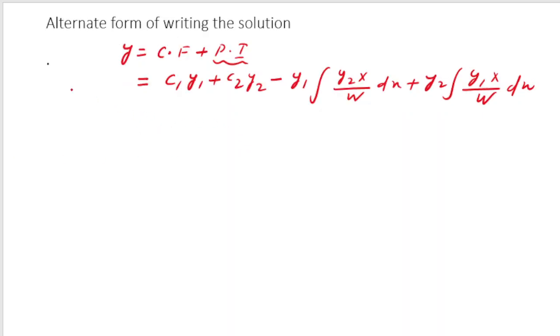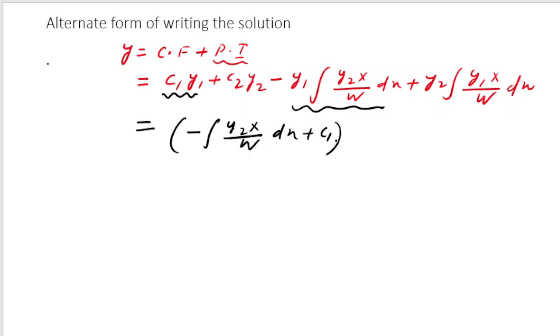So for our convenience, we can rewrite. Suppose I take the term c1 y1 and rewrite it like this: minus the integral of y2 X by W dx, plus c1, multiplied by y1. So I get c1 y1 as the first term, and the minus sign is already there, minus y1 multiplied by this integral.